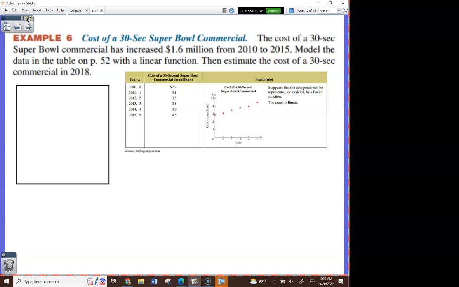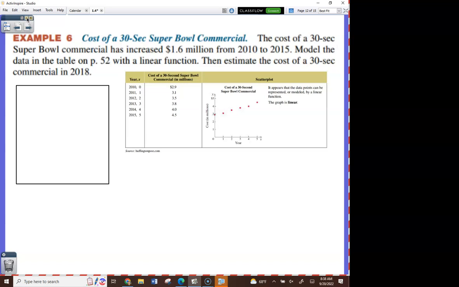Model the data in the table on page 52 with a linear function, then estimate the costs in 2018. So this is where the math like this is relevant, because if you run some big multi-million-dollar company and you want your company's face in the Super Bowl commercials, you need to project how much money you need to be ready to spend on that 30-second ad in the years to come, right? So this is why this math exists.